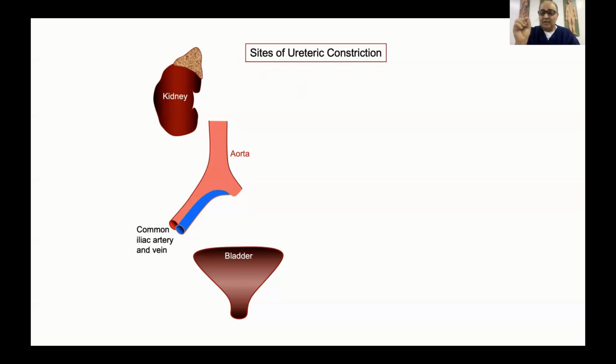This narrowing is due to certain structures, either it is passing by, compressed by, or overlain by something. If you are ever asked about the ureter, remember, if somebody is writing an exam on the ureter and is not asking about the constrictions, that exam is without a ureter. So this is a must-know slide, and I expect all of you to be excellent with this concept.